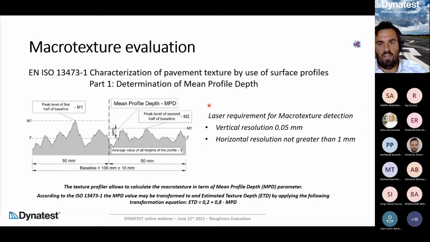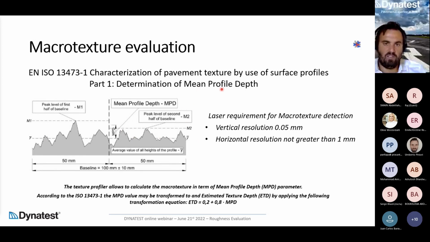From a typical road profile laser, we need to increase the vertical resolution, from 0.1 now to 0.05. We need to be more and more accurate. And the horizontal resolution is not greater than 1 millimeter. So we need to recreate the profile between two grains and not just over the pavement.